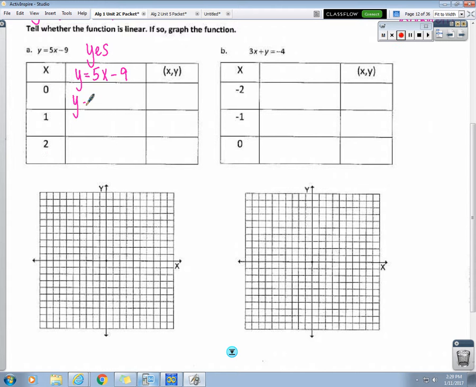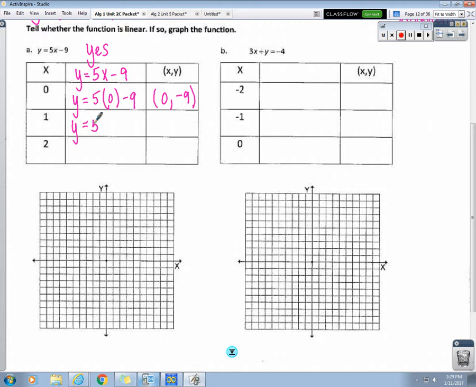So like in the first time, instead of x, they want you to plug in a 0. And when you plug in a 0 for x, what does it give you for y? Negative 9. Because 5 times 0 is 0, but 0 minus 9 is negative 9. Then the next time they give you a 1.